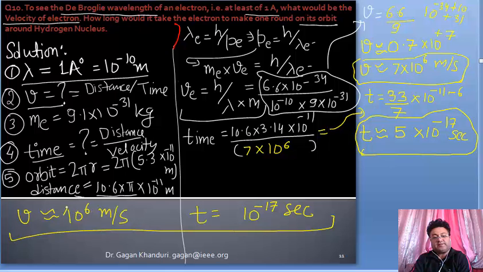So you can see that if you apply de Broglie's wavelength for atomic units, that is for electrons or atoms, you get a reasonably good answer, right? So that was the point behind this numerical.